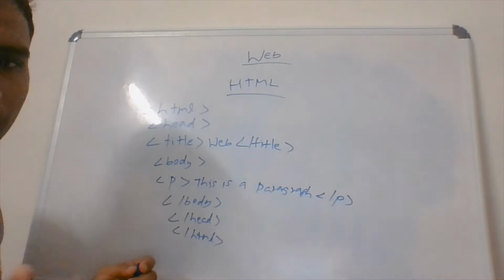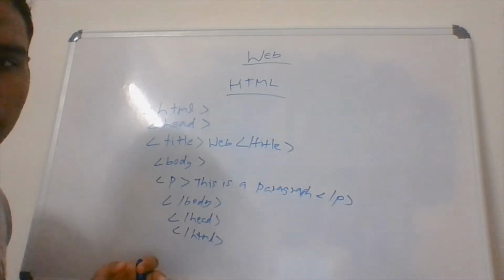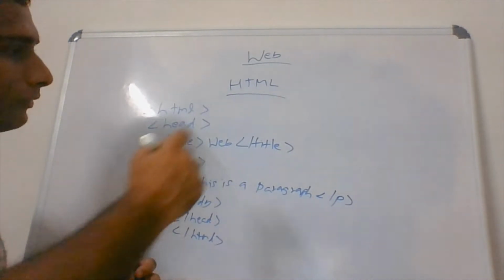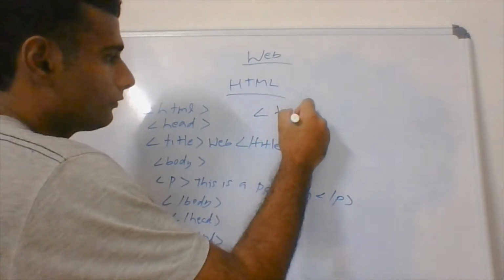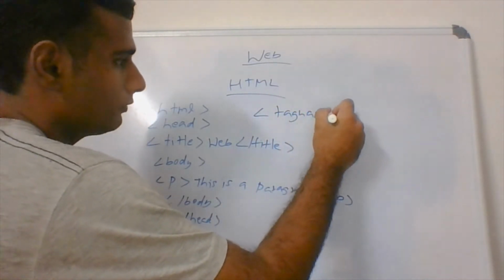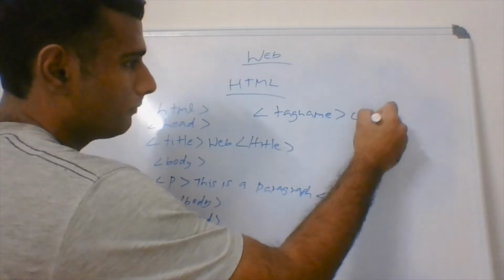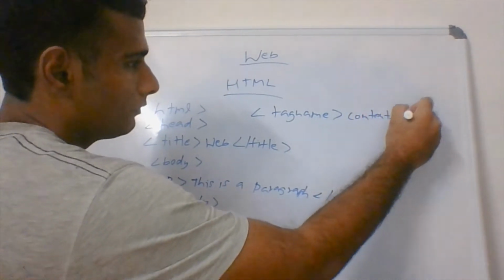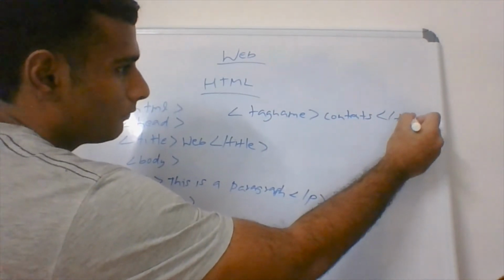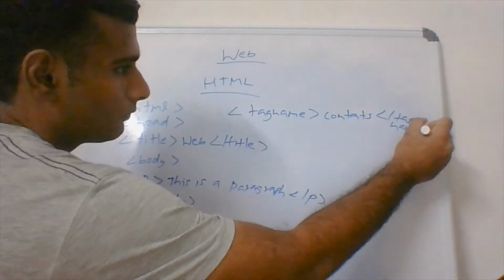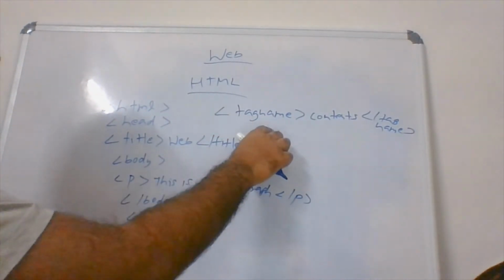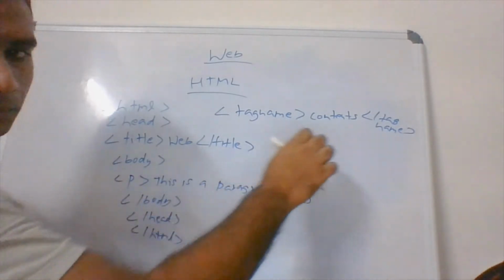An HTML element is defined by a start tag, some content and an end tag. So you can see tag name, contents, closing tag.